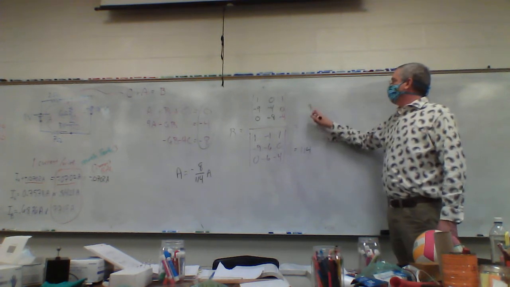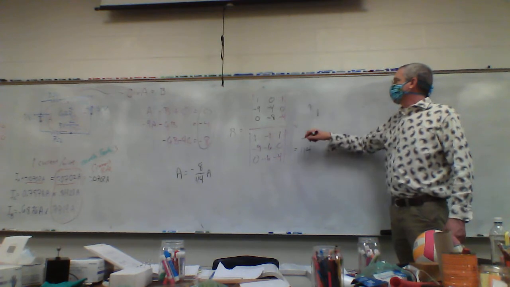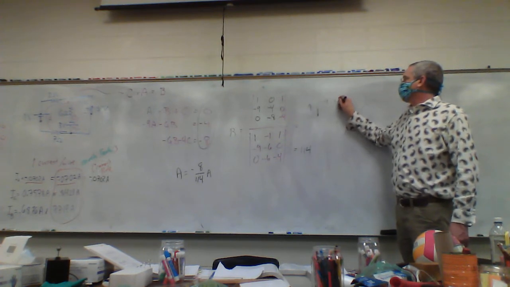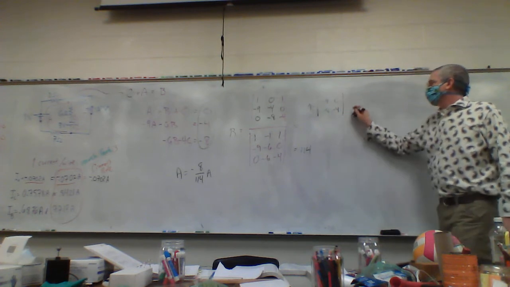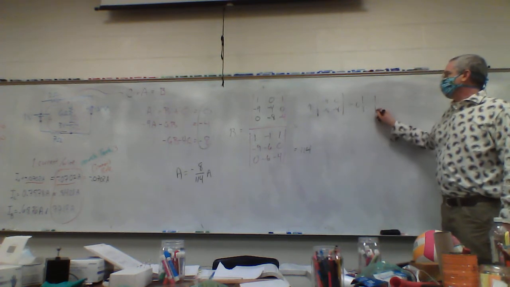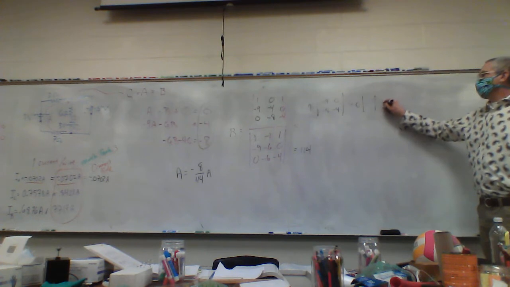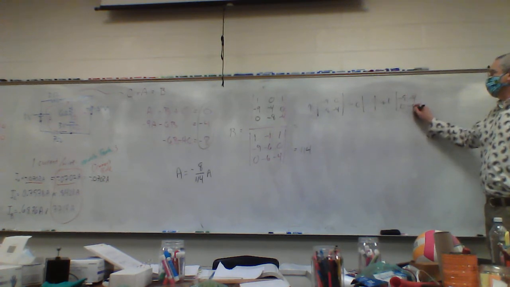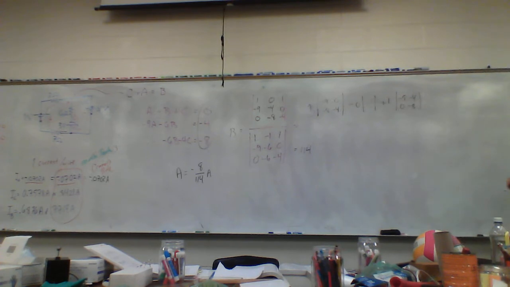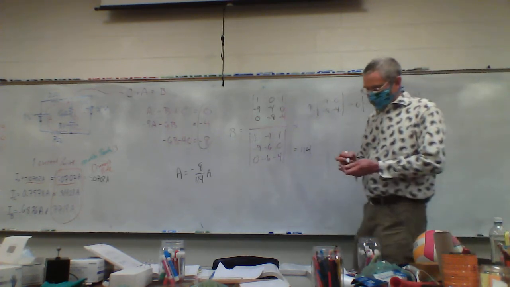And so I'm left with 1 times the determinant of negative 4, 0, negative 8, negative 4, minus 0 times don't care, plus 1 times the determinant of negative 9, negative 4, 0, negative 8. And that marker is losing its oomph.